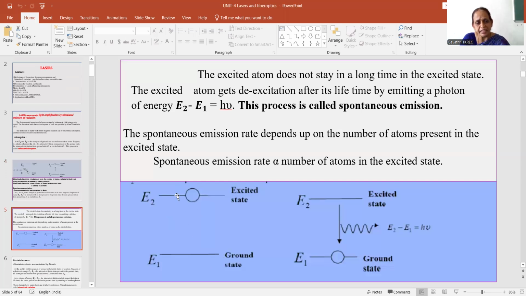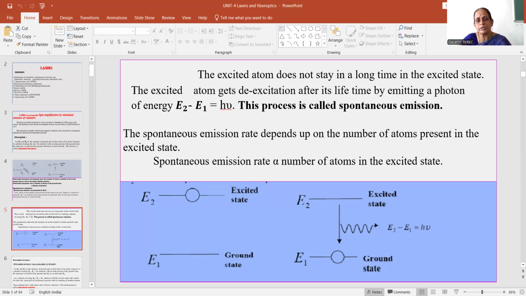Now the atom which is already present in the excited energy state will be there for 10 power minus 8 seconds and come back to ground state by liberation of one photon, which is equal to h nu, which is equal to the difference between the two energy states. This process is called as spontaneous emission.